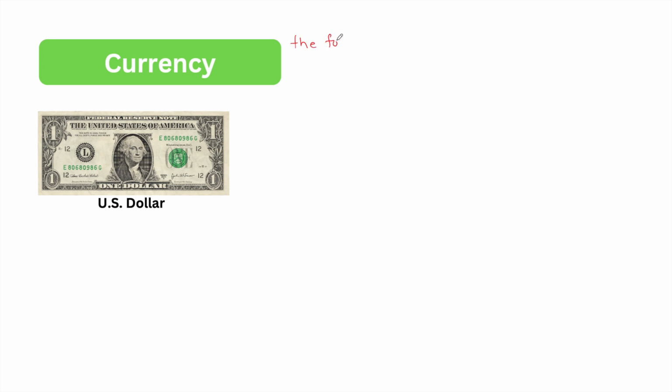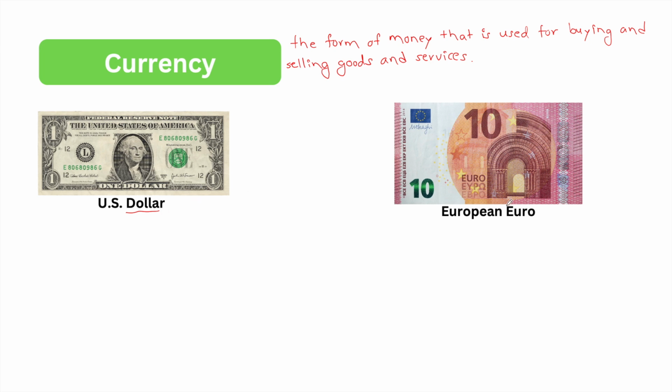The form of money that is used for buying and selling goods and services.